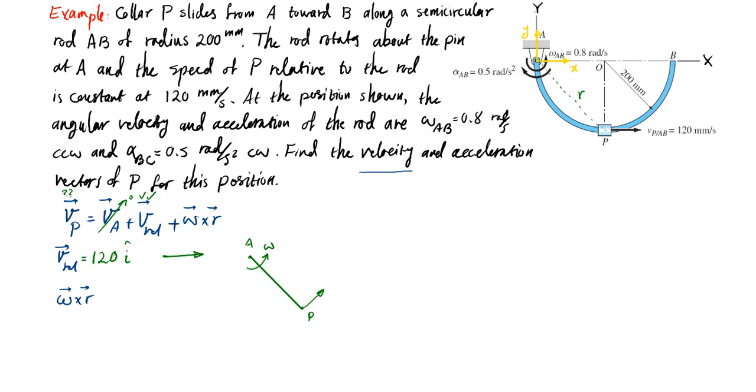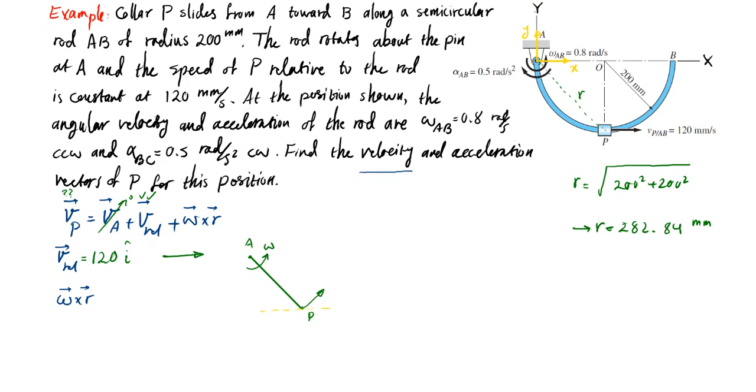To do this, I need to find R first, the distance. R is the square root of 200 squared plus 200 squared, which gives 282.84 millimeters.